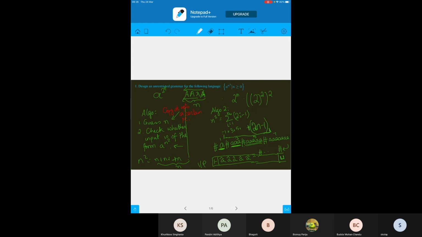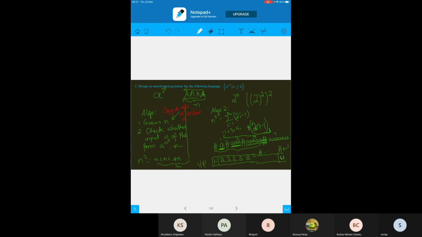It's not in the form of reference. Not in the form. Why? Input is not in the form of reference. Why? See, if I put a hash, everything before the hash, look at the number of A's. It is of the form a to the i square, right? Yes or no?